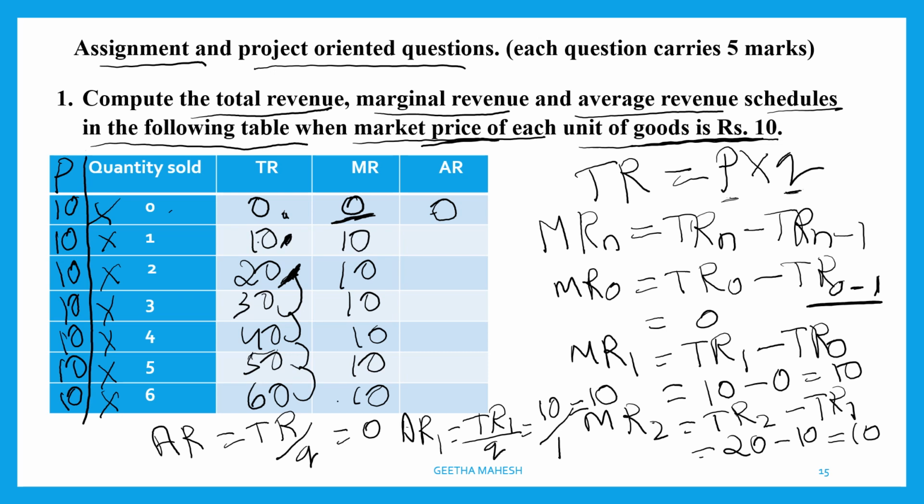So, like this you can calculate here. 10 divided by 1, you will get a 10. 20 divided by 2, you will get a 10. 30 divided by 3, you will get again 10. So, a similar way you can calculate all the values. 60 divided by 6, you will get a 10. So, in this way we need to calculate total revenue, marginal revenue and average revenue. Dear students, easily you can get a 5 on 5.